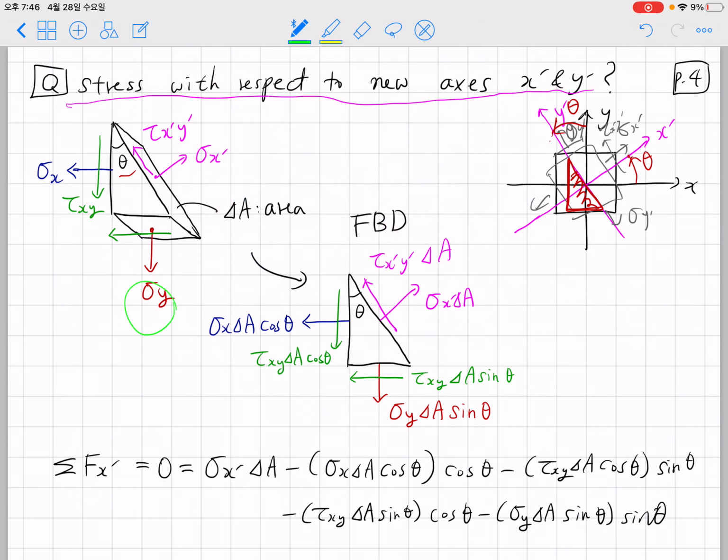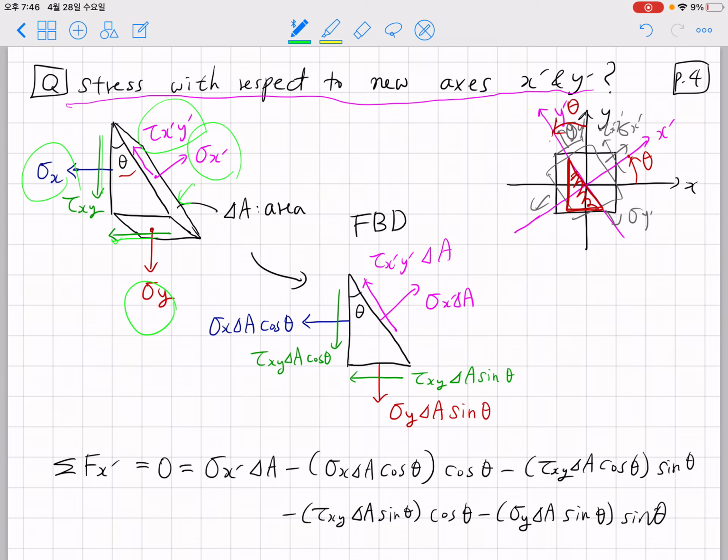We have sigma y at the bottom, sigma x at the left-hand side, and tau xy at the left-hand side and bottom. For the inclined surface, we have sigma x prime and tau x prime y prime. So, at least for a single body, we have some stress components in xy and some in the x prime, y prime coordinate system.